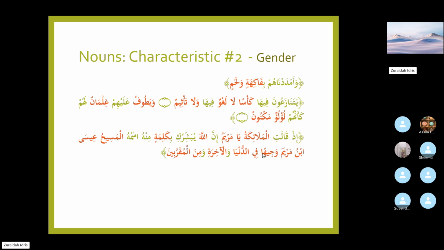You will find this in one of the surahs. So if they are treated as masculine, what happens to the ta marbuta? Is it there? It's still there, but the action will be qalu, for example. Qalu, not qalat.